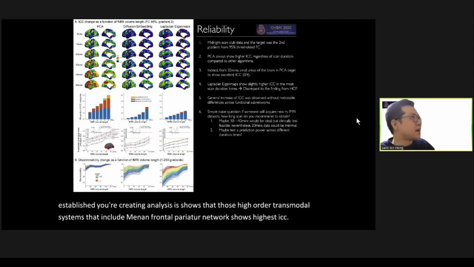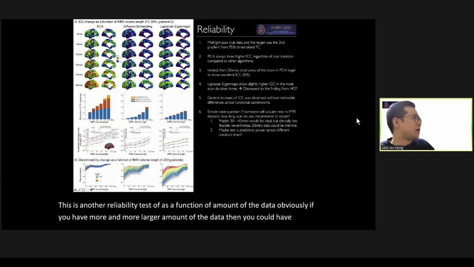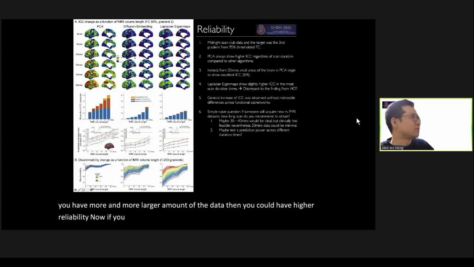This is another reliability test as a function of the amount of data. Obviously, if you have a larger amount of data, you could have higher reliability. If you compare these 3 algorithms, PCA always shows higher ICC. And in this graph, from 10 minutes to 20 minutes, 20 minutes starts to show excellent ICC.